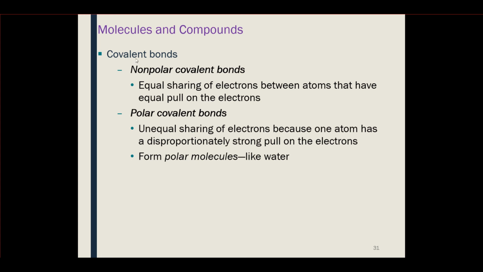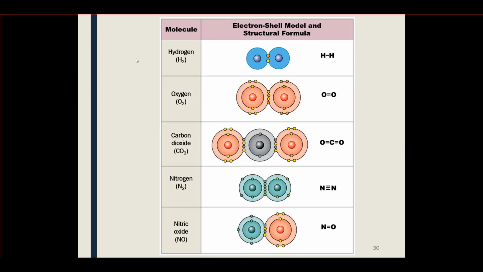Now there's 2 types of covalent bonds. What we just looked at, these 4 examples that we just did, there was an equal sharing of the electrons because both atoms on either side of the bond were pretty much the same. It was pretty much like a mirror image. If I cut down the middle here, the left is a mirror image of the right.